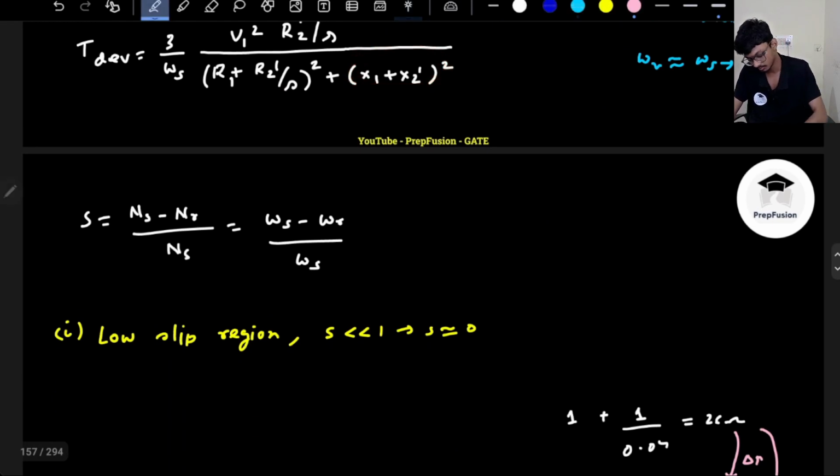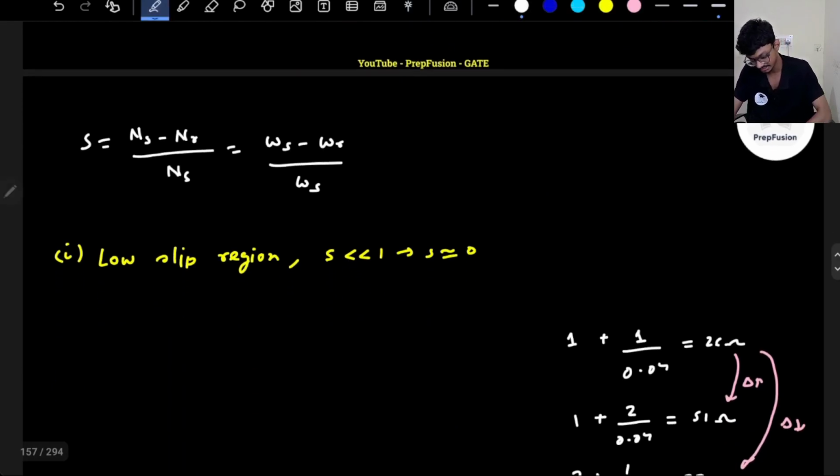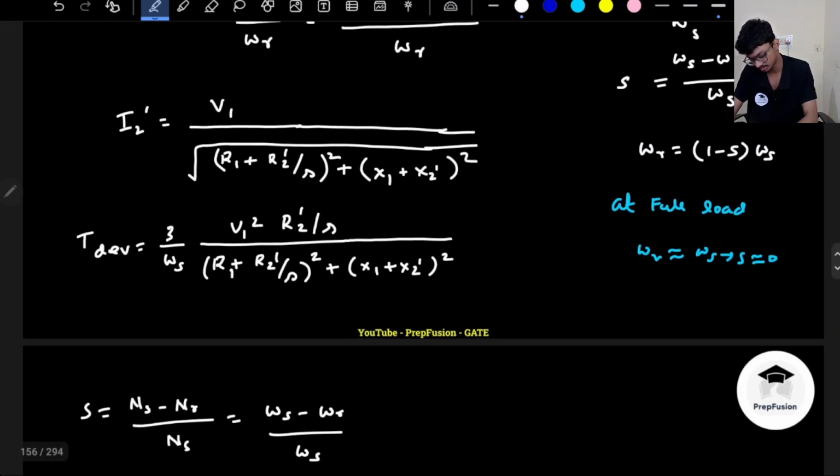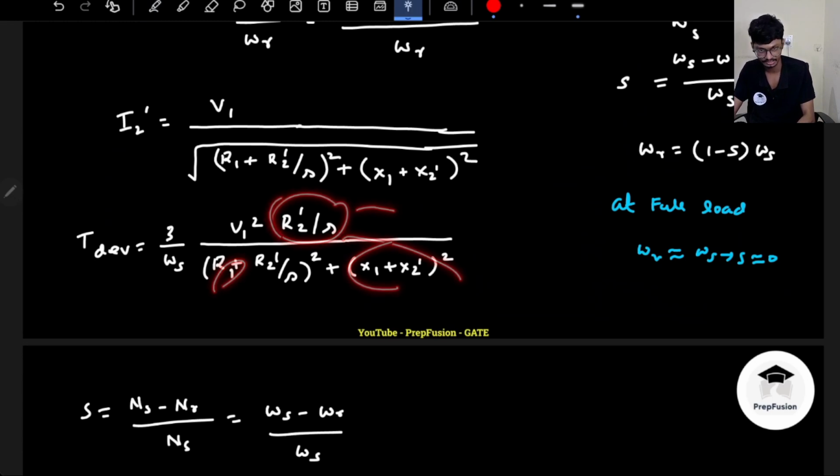So R2 dash divided by s will be very much larger than x1 plus x2 dash whole square, and R2 dash by s will be very much larger than R1. So I can neglect all this in the low slip region. I will not ignore the numerator term, because nothing is getting added there, only this one is present.